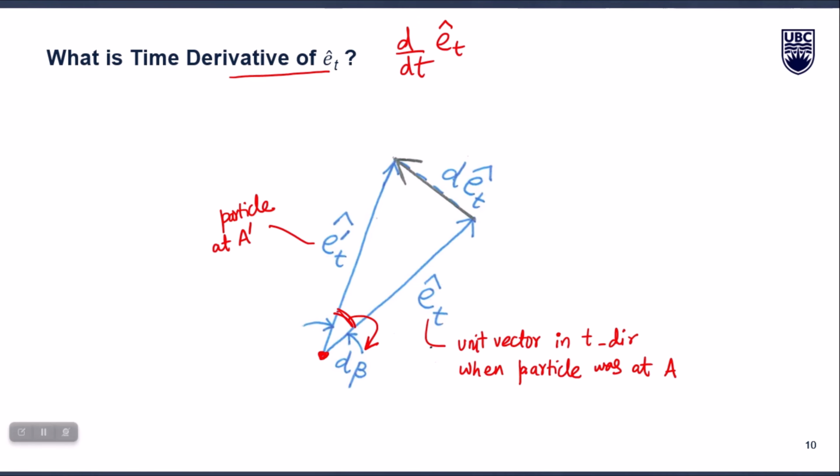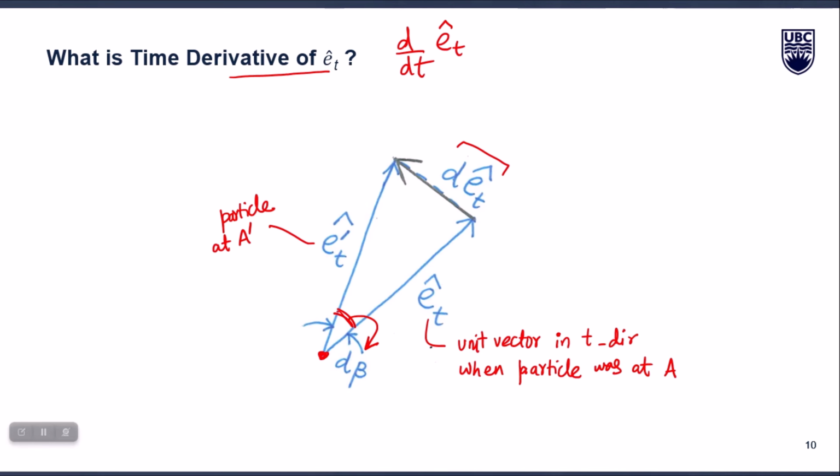This geometry will give us the change in E sub t between time t and t plus dt, or during the time dt. That change in the unit vector from A to A prime will be represented by this vector d E sub t. So d E sub t is the change in the unit vector.